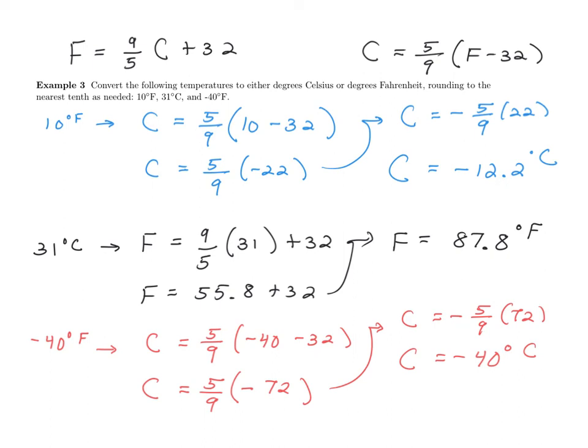Which seems a little strange, right? I mean, these are different units of measurement, but we actually get the same number. This is the only time where this happens. The temperature at which degrees Fahrenheit is equal to degrees Celsius, and the number is actually the same. Why did this happen? It seems a bit strange. The reason is the scale is different.